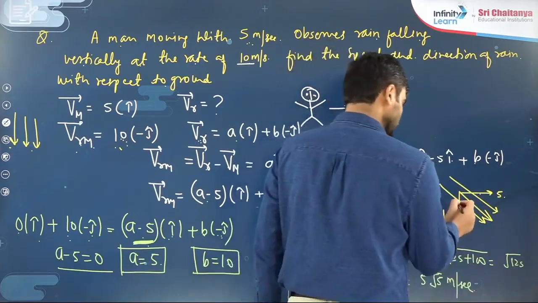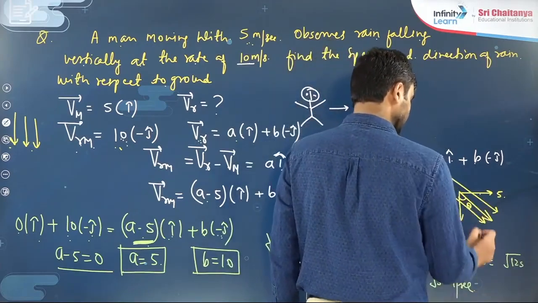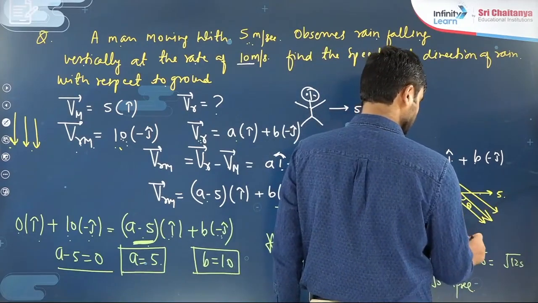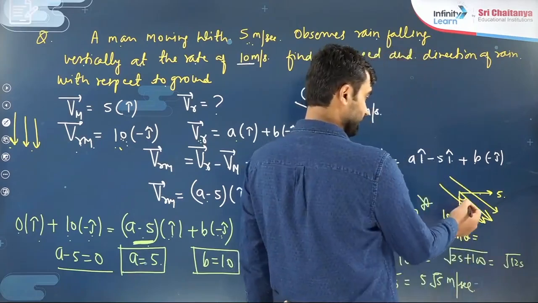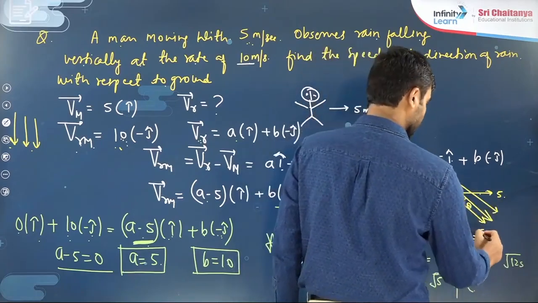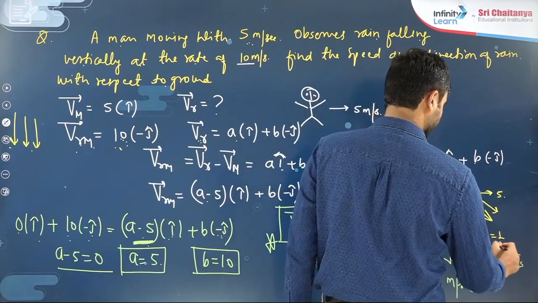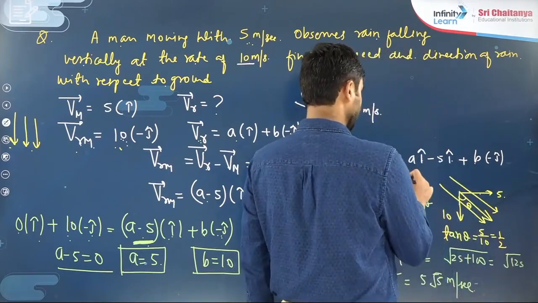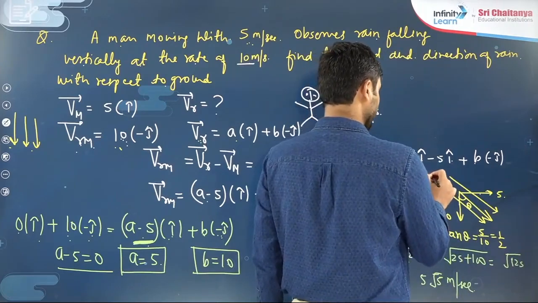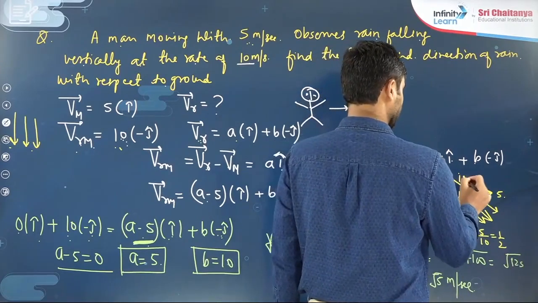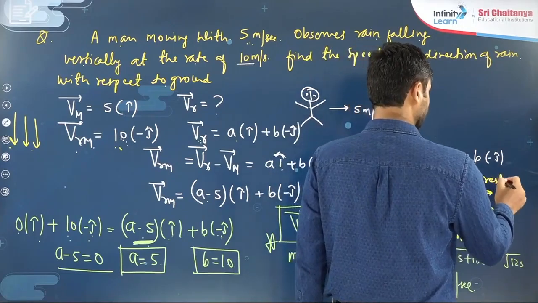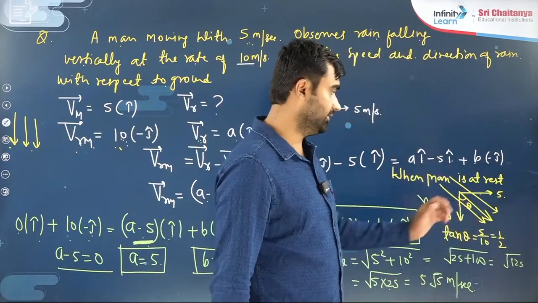So if we have to find out this angle, easily we can calculate. Tan theta value is perpendicular by base, that is 5 by 10, 1 by 2. So when man is at rest, raindrop will fall like this.